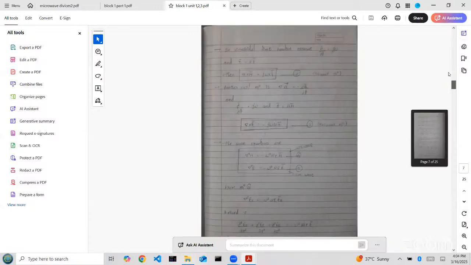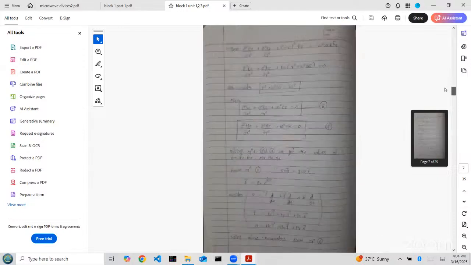Similarly, we continue the process for del cross E also, using the same matrix method. After that, we get another three equations in terms of Ex, Ey and Ez.